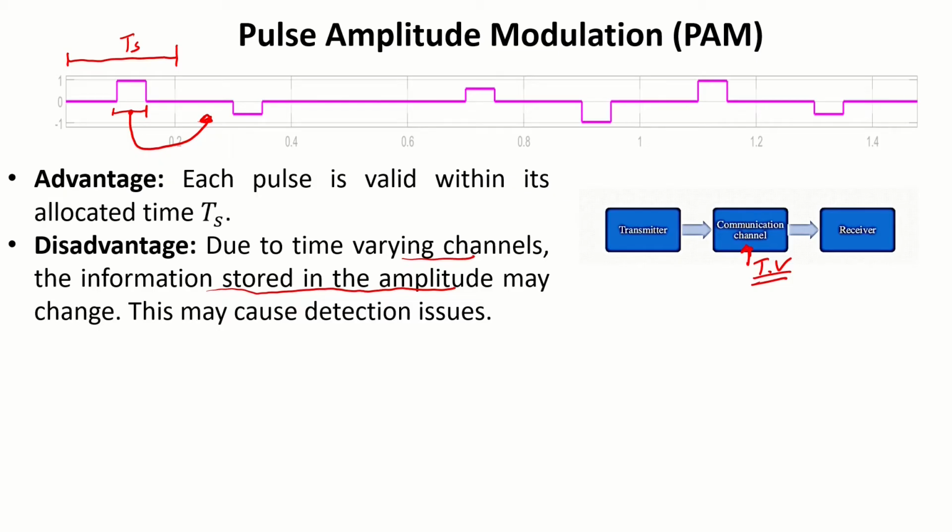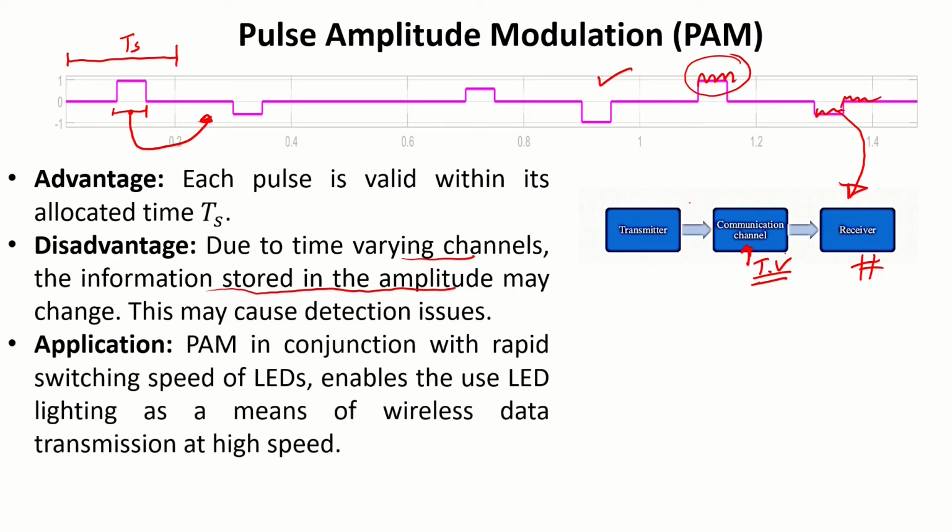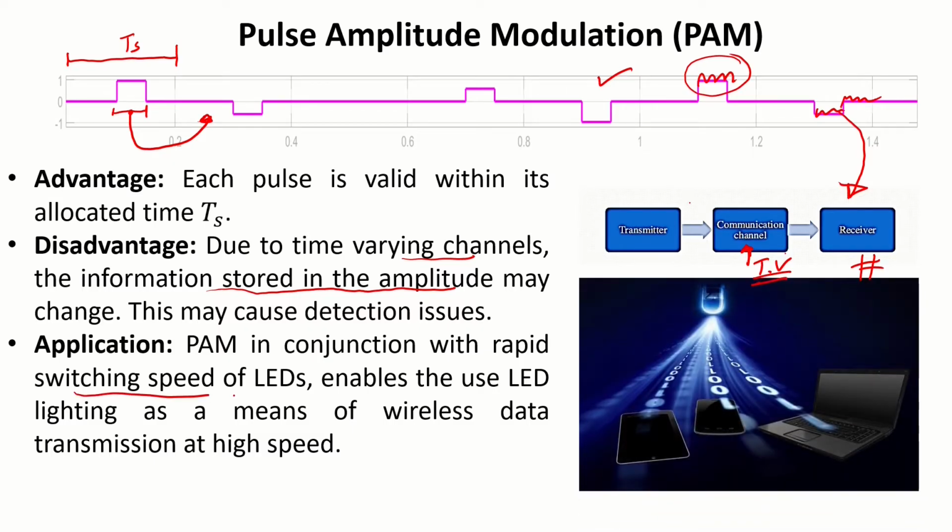If you send this signal but on the receiver side we have some distortion because of noise, the receiver would have some difficulty in detecting the original message. Note that this is because the information is stored in the amplitude, so if the amplitude is varied we would have issues in detection.